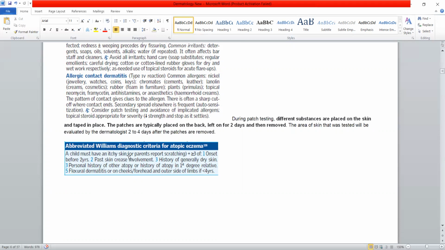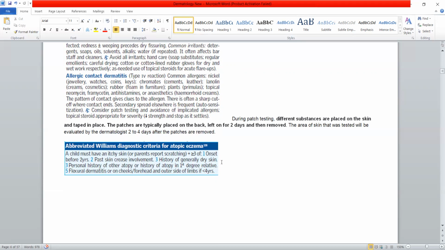A child must have itchy skin. So if a child presents to you with itchy skin plus three or more of these signs and symptoms: first, onset of this itchiness before 2 years. Second is skin crease involvement such as the elbow or behind the knees.